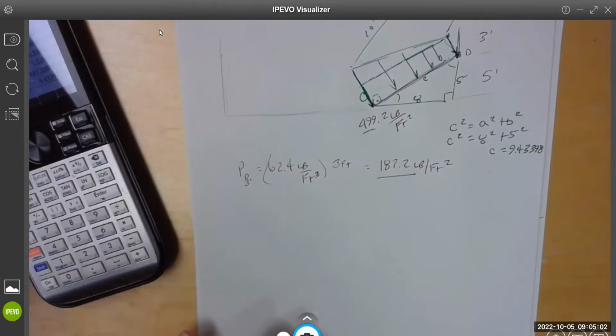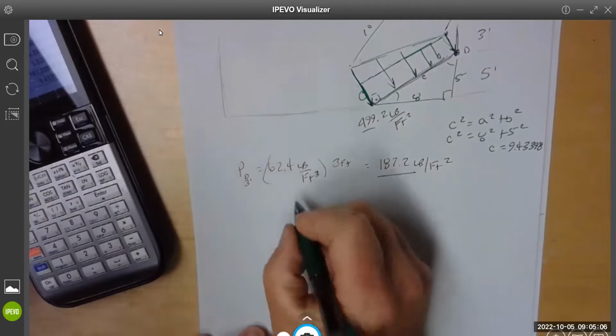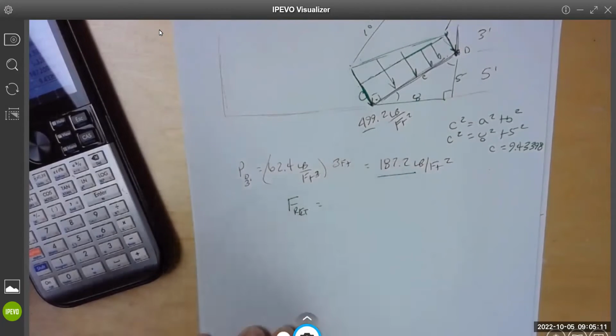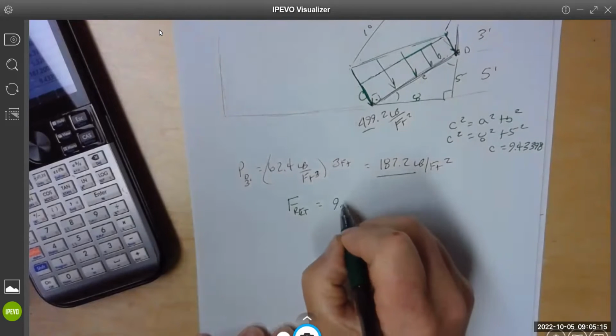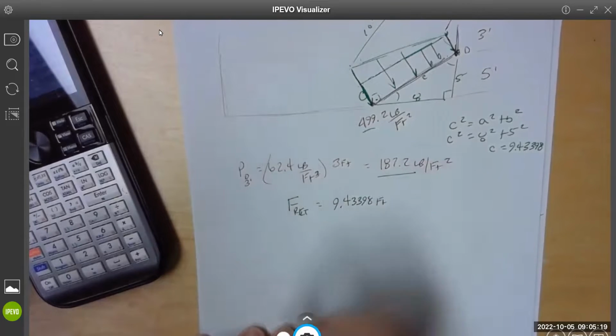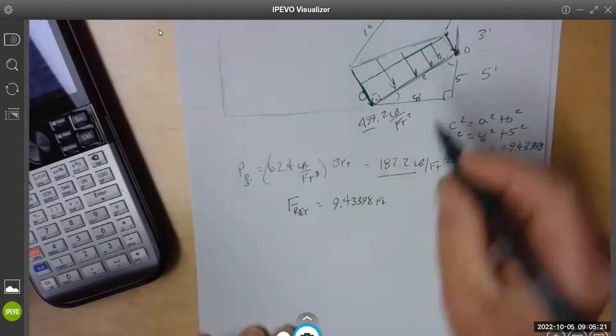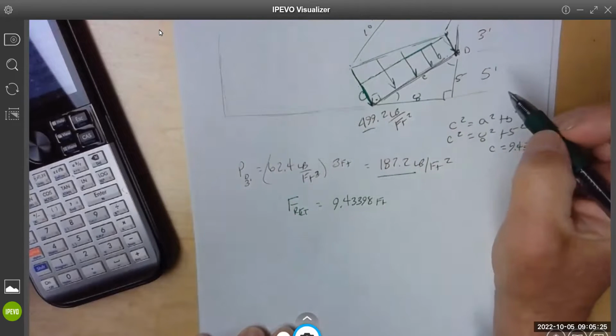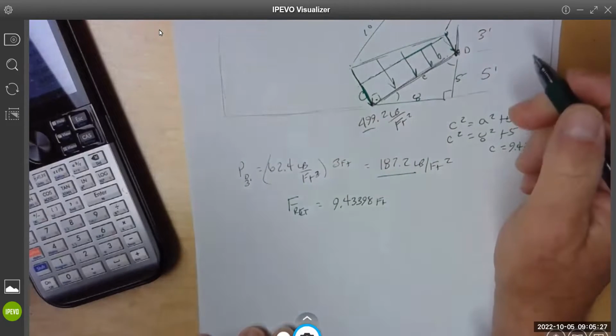Okay. Now I can get the force due to the rectangle, because I know this distance and I know the height of the rectangle.